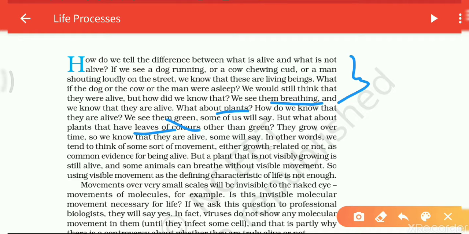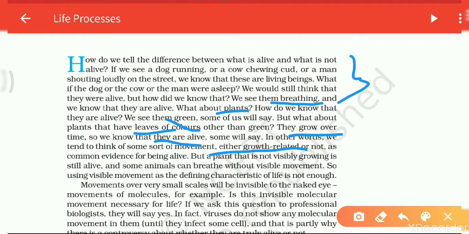Then they grow over time, and so we know that they are alive. In other words, we tend to think of some sort of movement, either growth related or not.